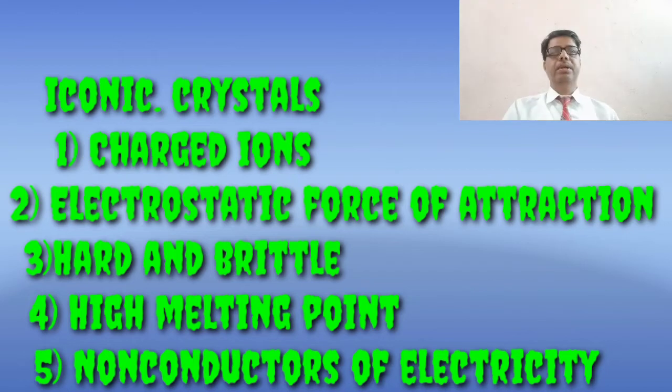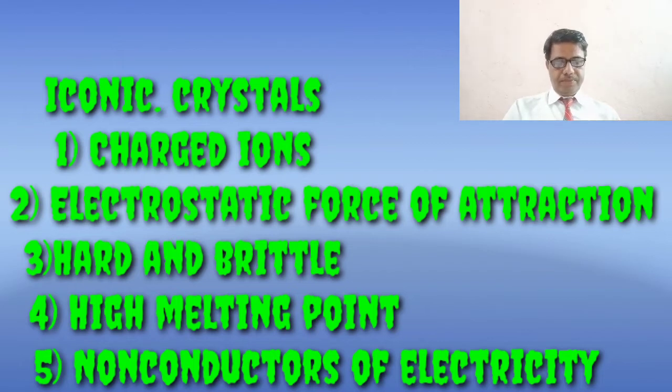The first property: the constituent particles of ionic crystals are charged ions, and the cations and anions may differ in size. For example, take NaCl, sodium chloride. It exists in the form Na plus and Cl minus.